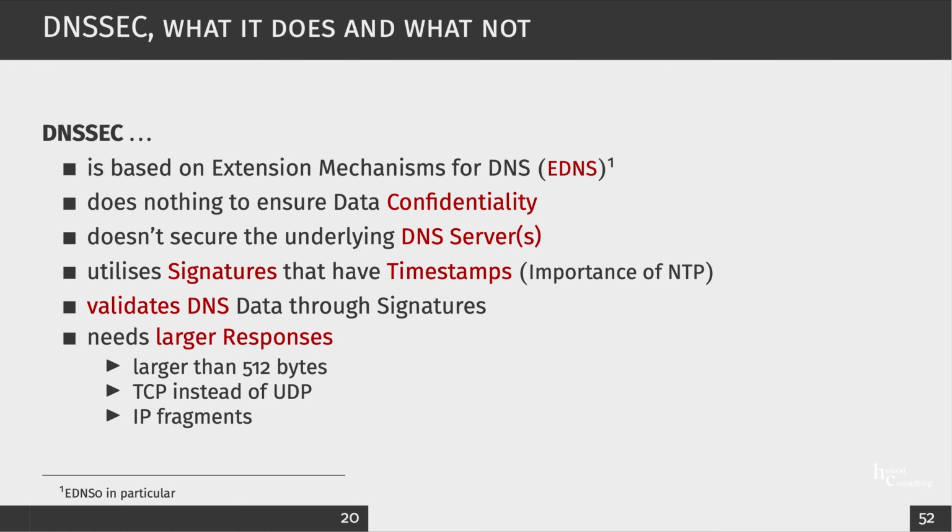This means with all these signatures that a typical DNS response is much larger than it was before. So we will definitely, or in most cases, reach the limit of 512 bytes. We will see more TCP than UDP in our future DNS infrastructures, and the fragmentation of IP packets can happen as well.